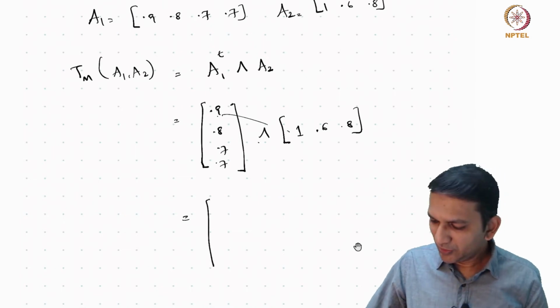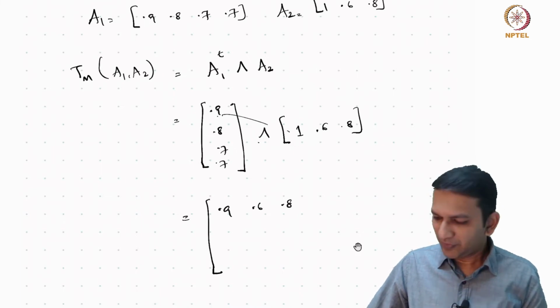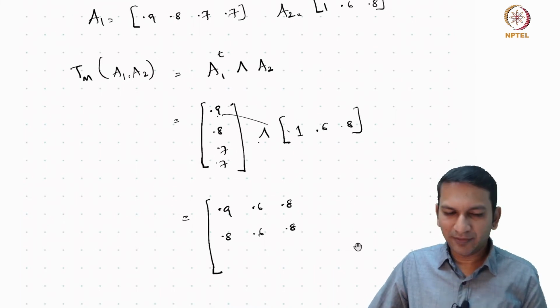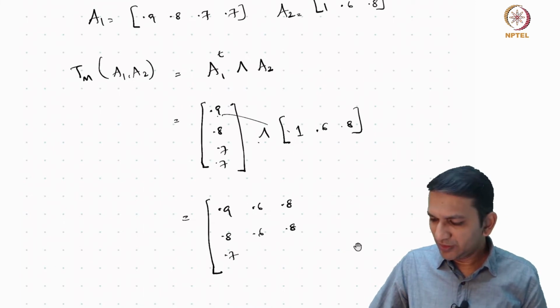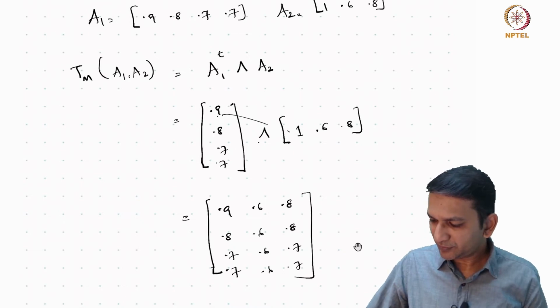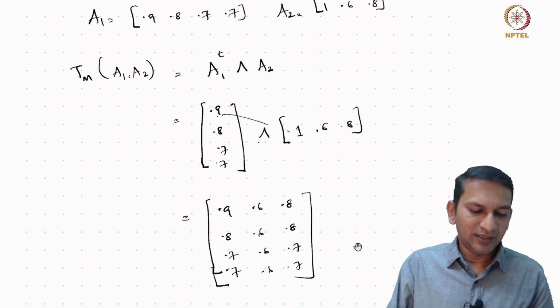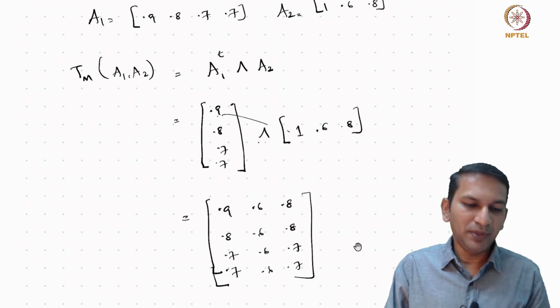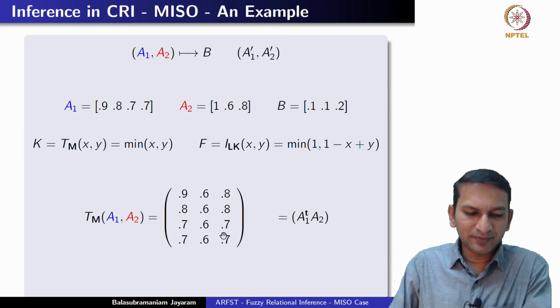So clearly, what you would get is 0.9 and 1, minimum is 0.9, 0.9 and 0.6 is 0.6, 0.8 and 1 is 0.8, 0.8 and 0.6 is 0.6, 0.7 and 1 is 0.7, 0.7 and 0.6 is 0.6. So this is the matrix that you would get when you combine A1 and A2 using the minimum as the antecedent combination. And that's exactly what we have here.